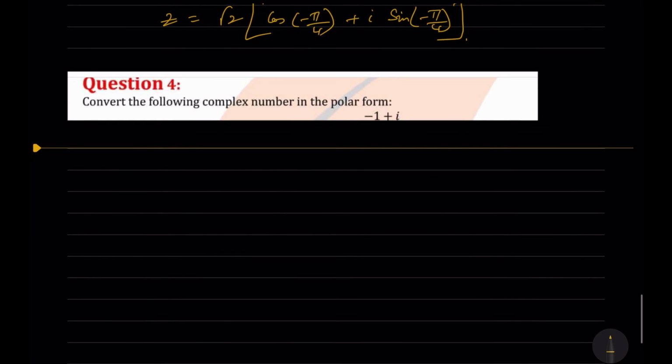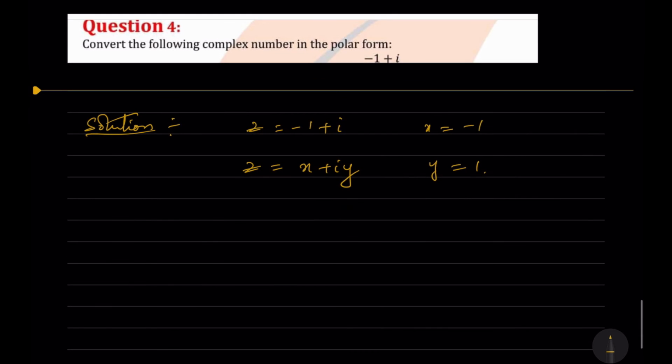we have the solution for the fourth question. In this we have z is equal to minus 1 plus iota or i. So z is equal to x plus iy. Here we compare x is equal to minus 1, y is equal to 1. Now you know that z is equal to r cos theta plus iota sin theta is the polar representation form.